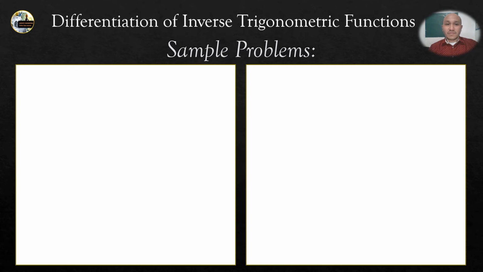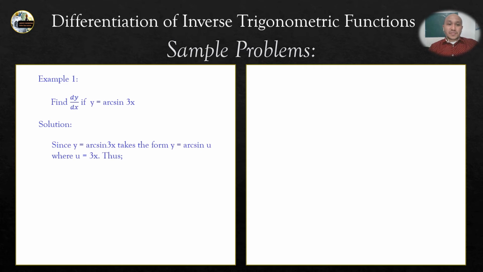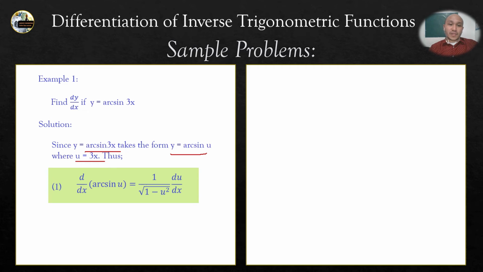Sample problems for differentiation of inverse trigonometric functions. Sample number 1: find dy over dx if y equals arc sine 3x. Since y equals arc sine 3x takes the form y equals arc sine u, where u is equal to 3x, we will use formula number 1, which is in arc sine form.